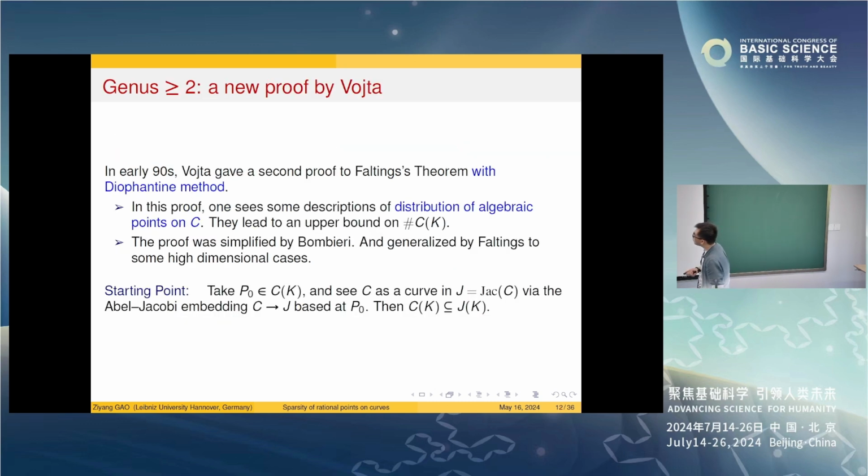Okay, now this is the first proof of Faltings. In my talk, I'll focus on the second proof of the Mordell conjecture. This is a completely different proof given by Vojta. It uses the Diophantine method. This proof is closer to André Weil's work.